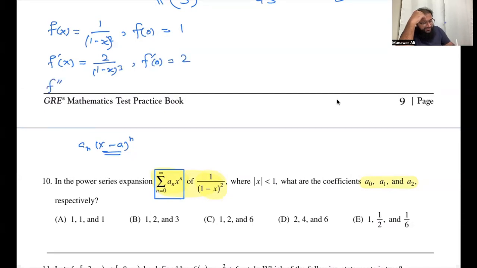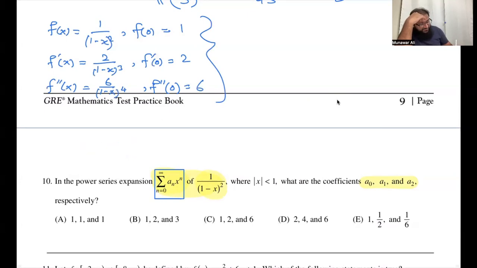And f double prime of x is 6 over 1 minus x to the 4, and f double prime at 0 is going to be 6. So these are the values of the derivatives. These are not going to be the values of all the a's because we know very well what the Maclaurin or Taylor series for a function is.